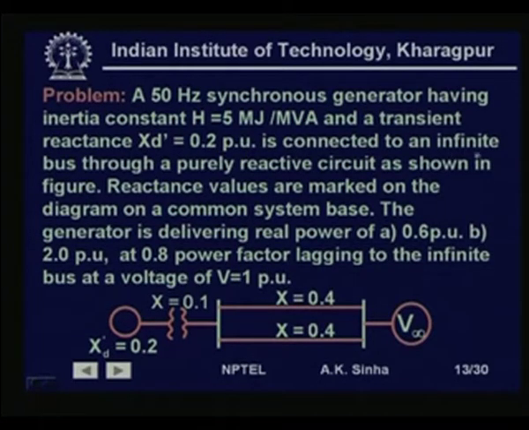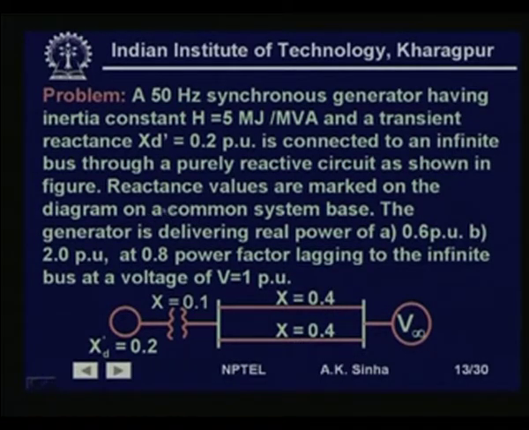It is connected to an infinite bus through a purely reactive circuit as shown in figure. That is, it is connected through a transformer and a double circuit line to the infinite bus system. The reactance values are marked on the diagram. That is, the transformer has a reactance of 0.1 per unit. The line, each circuit, has a reactance of 0.4 per unit.